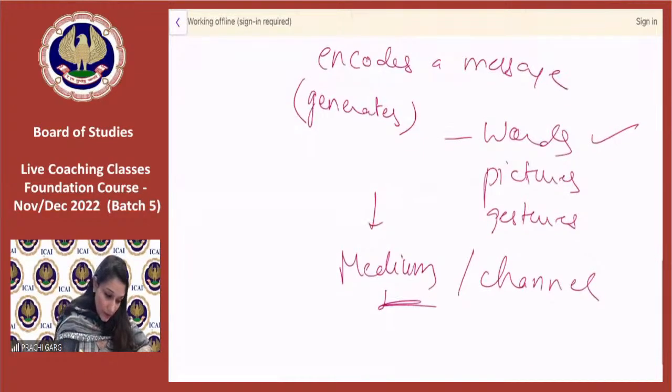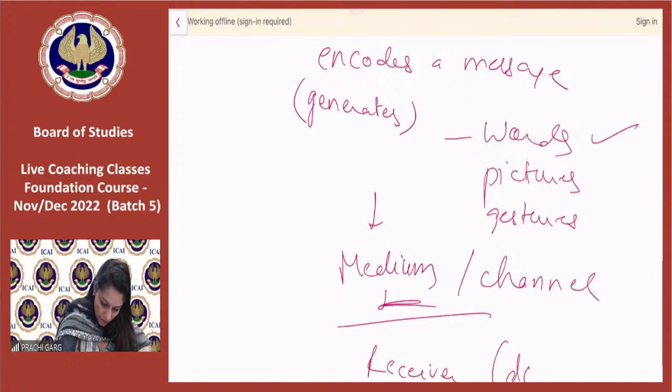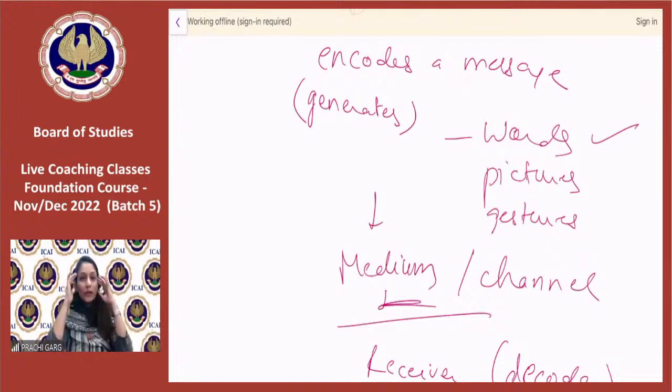Then comes the receiver, who decodes the message. Decoding is the process of converting the message and understanding it. Decoding and encoding happen in the brain. It doesn't happen that you receive the message and then start processing it.